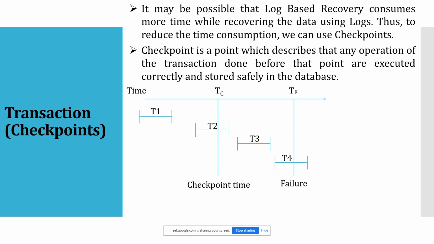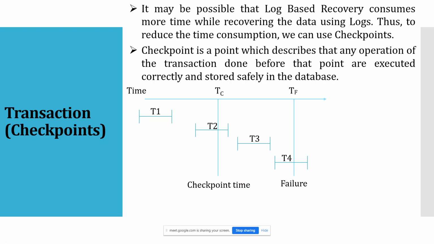So we have a clear idea of what transactions are to be restarted, what are to be ignored, and what are never restarted. From this diagram you can see T1 will never be restarted, T2 and T3 will be restarted because they committed or started after the checkpoint, and T4 will be ignored completely because it failed at some point. This is what the checkpoint is used for in database recovery.